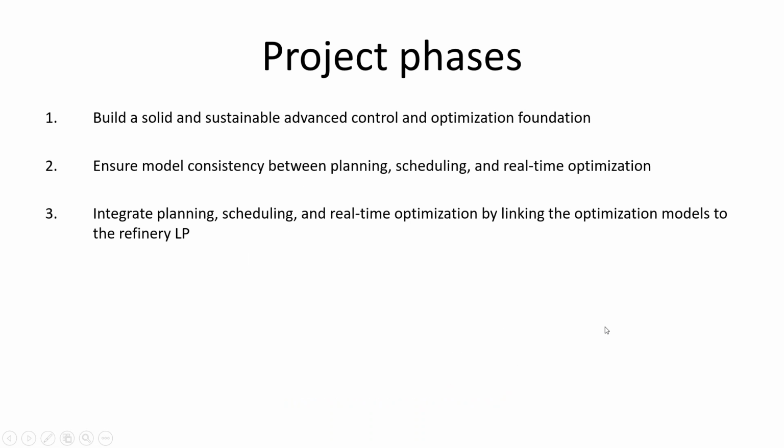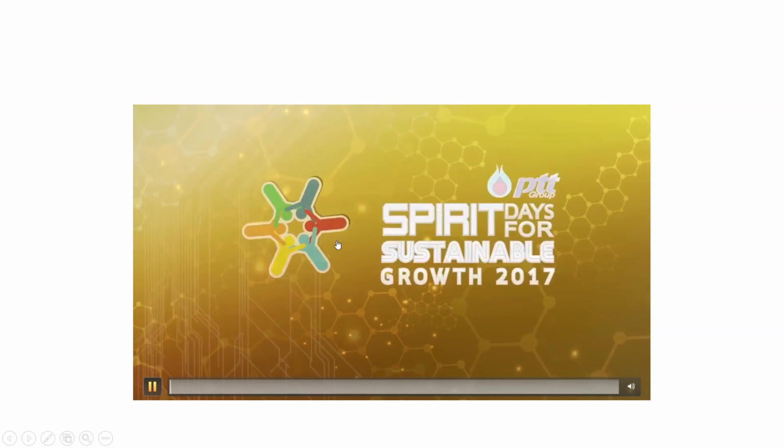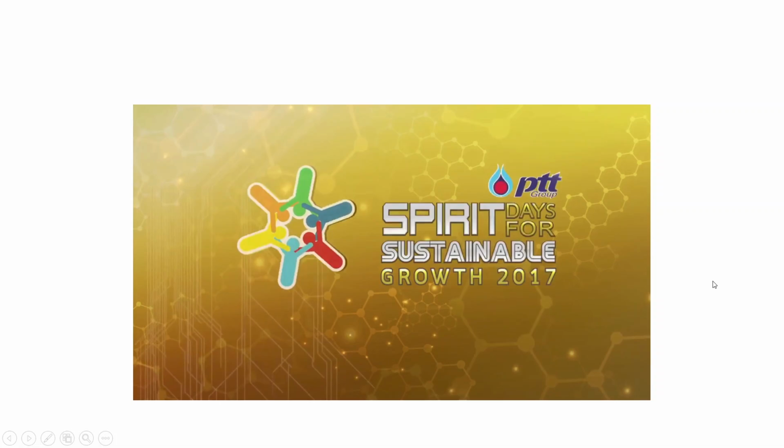It's the Sanko refinery, so I think it's good that you read this article. They built control and optimization, made sure of model consistency, and then integrated them. I don't know how they integrate this, whether it's manual communication or an online platform where each of these disciplines can take data from the same source. That one I don't know. There are different scopes, and then the results.